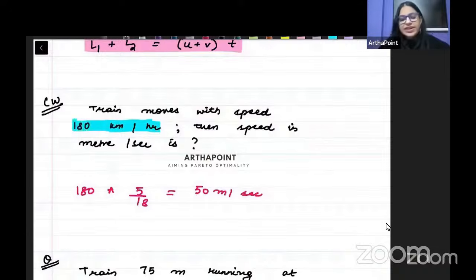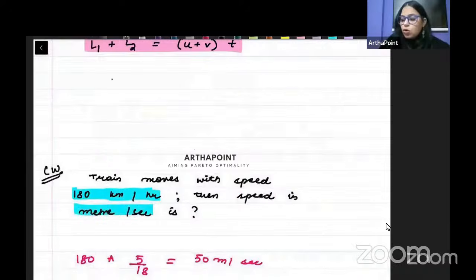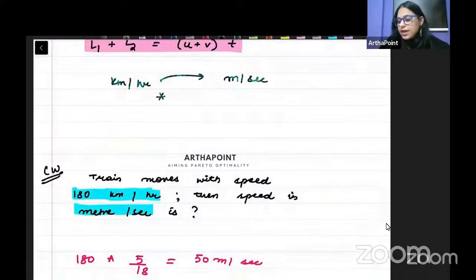We are given 180 kilometer per hour, and we need to convert this into meter per second. So how can we convert? Listen to me carefully. If you want to go from kilometer per hour into meter per second, you multiply with 5 by 18.